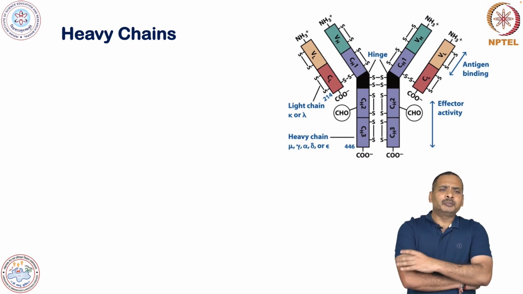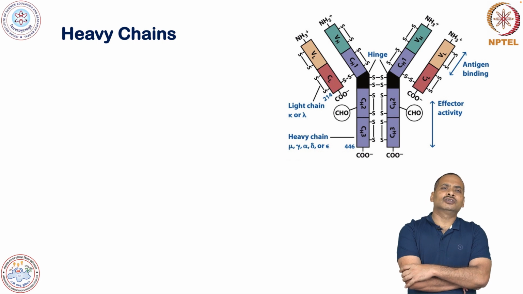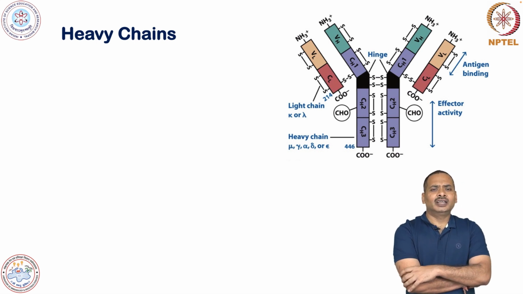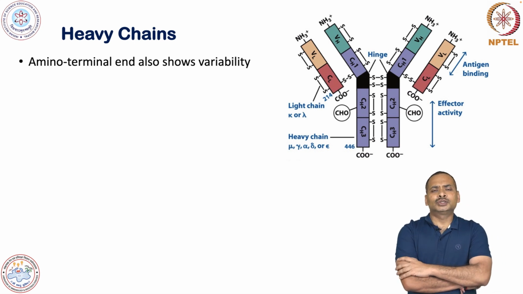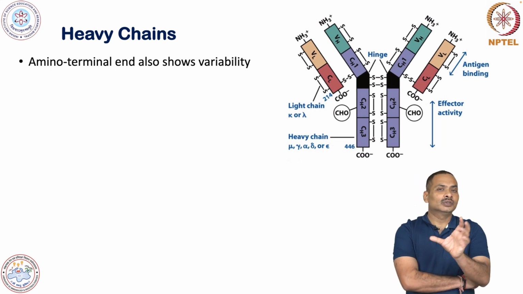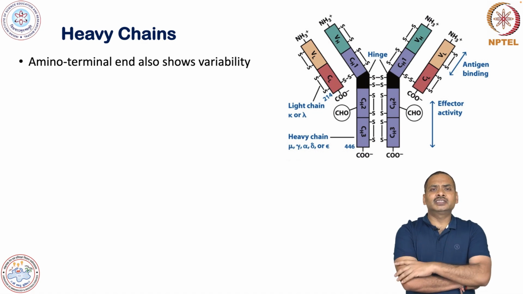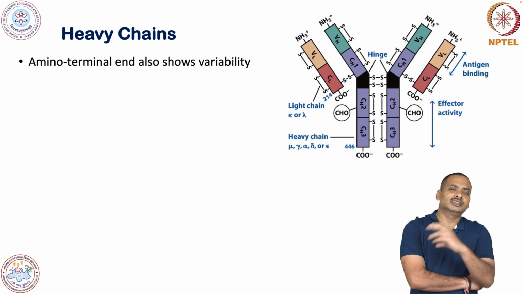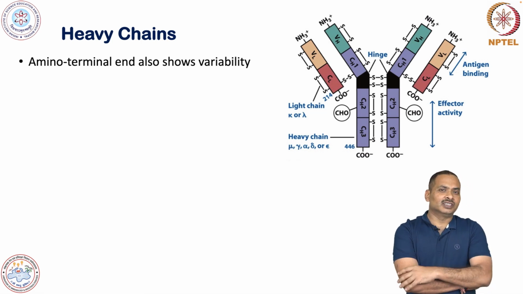People also sequenced the heavy chain, which consists of about 450 amino acids, and they found out that again the N-terminal shows hypervariable variation in the amino acids, approximately 110 amino acids, and the rest of the sequence, they found, comes in 5 different types.